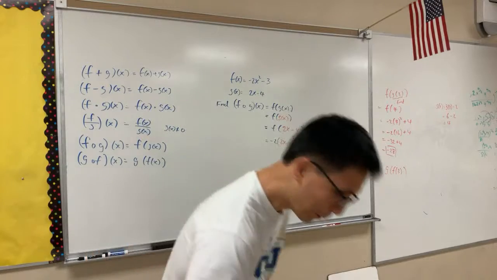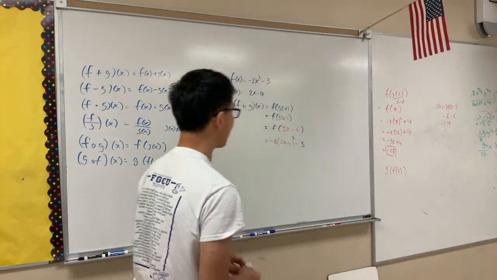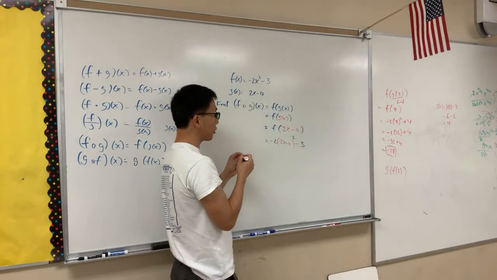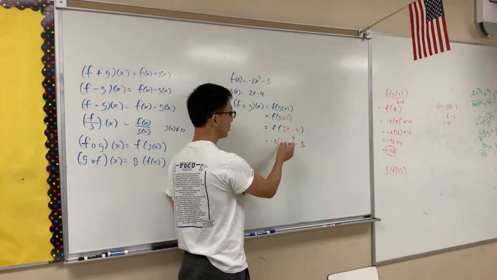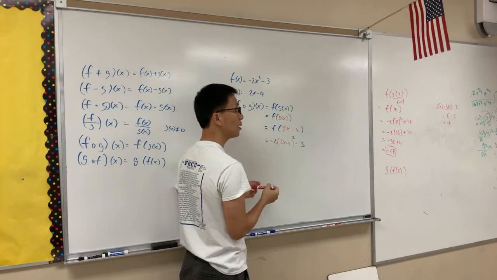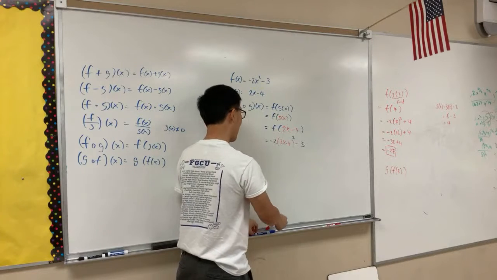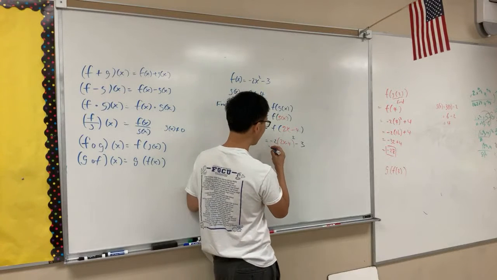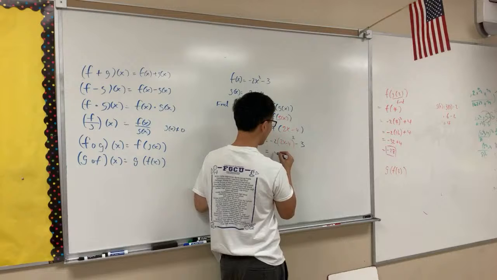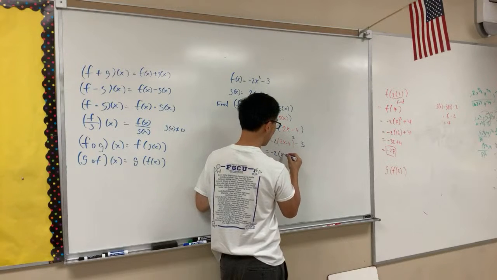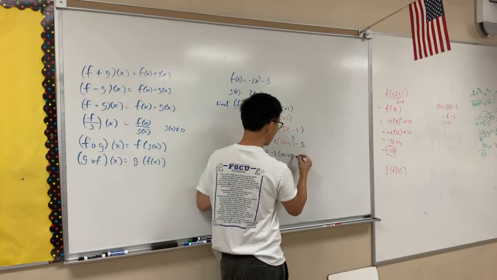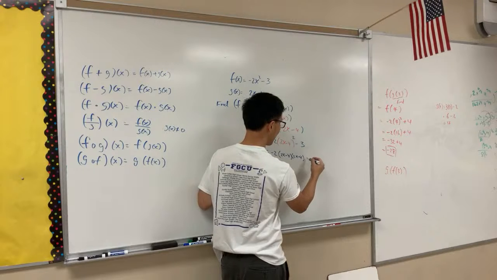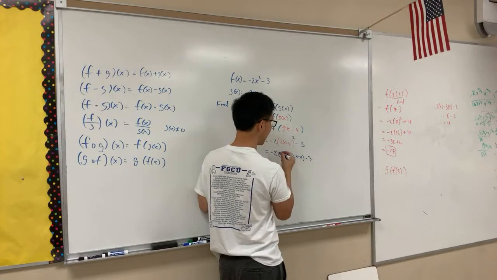But that's not simplified. That's not most simplified. You have to make sure you're careful when you distribute the 2. So I will actually write it out more properly. So that's equal to -2 times (2x minus 4) times (2x minus 4) minus 3. So that way I can get it correctly.